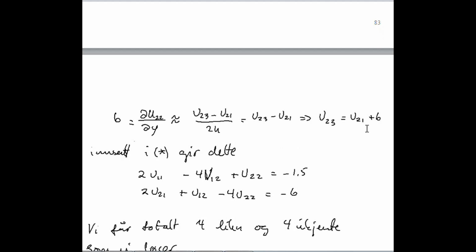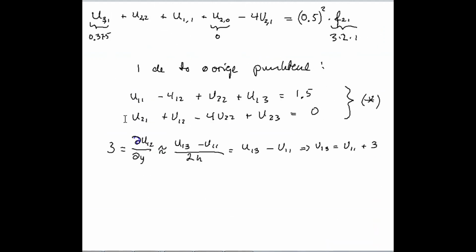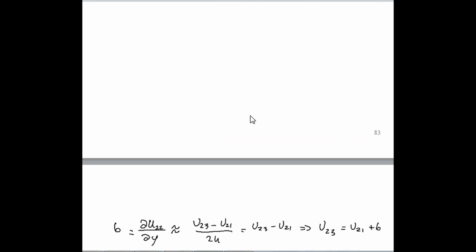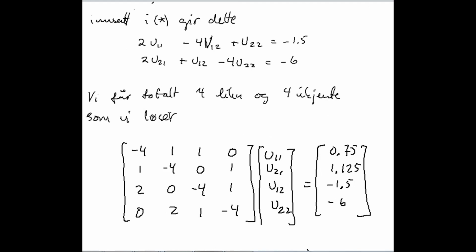And inserting these two expressions into these two equations here, we reduce the problem a little bit, and we get 4 equations with 4 unknowns, which we can now solve.